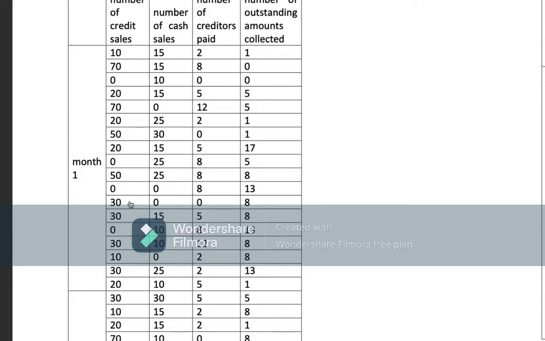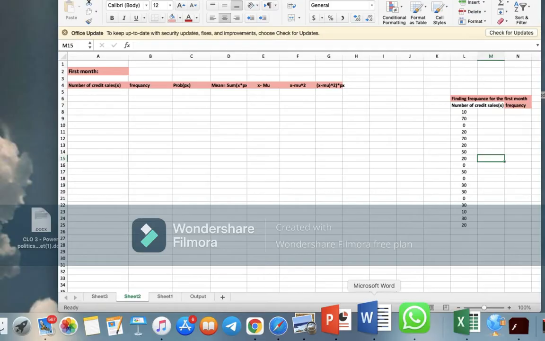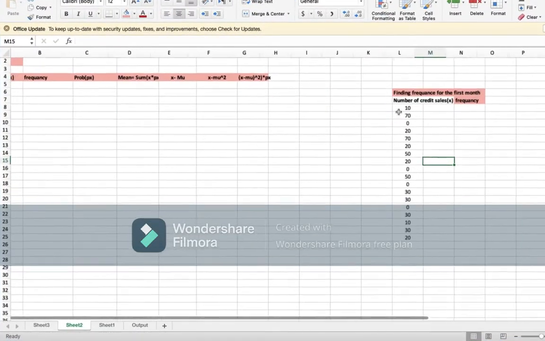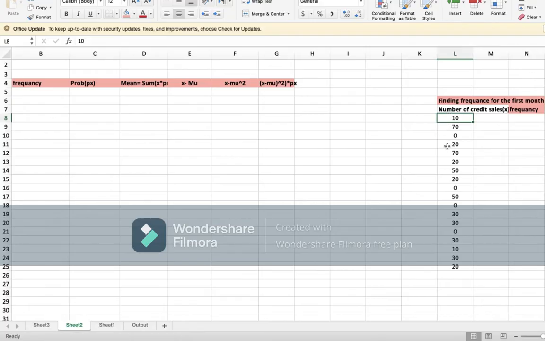So first of all, I will take all these numbers from the first month and I will put them in my Excel sheet. I have already inserted the numbers. So here I'm doing this just to find the frequency.